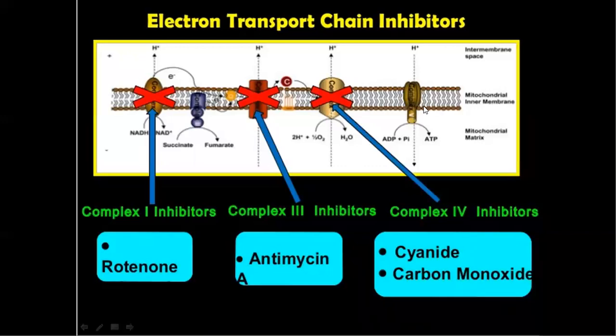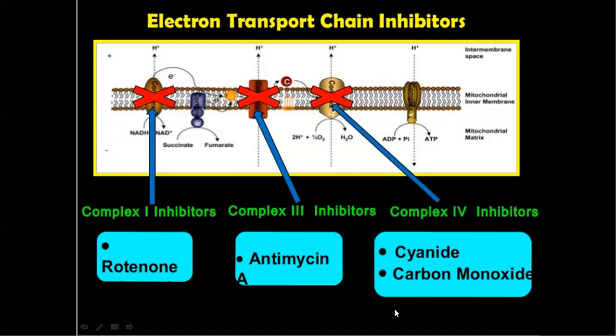So these are the inhibitors of the electron transport chain. We have three important inhibitors. Rotenone inhibits complex 1, which is the NADH dehydrogenase complex. The second one is antimycin, which inhibits complex 3, also called cytochrome reductase, and cytochrome B and C1 are present in this complex.